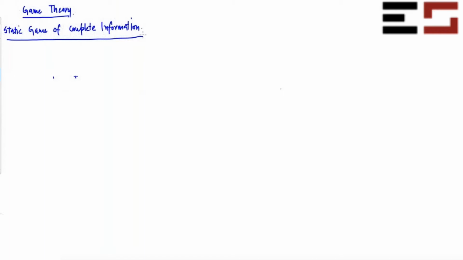As I've just told you, you can imagine a Cournot duopoly game where firms are going to simultaneously choose the quantities. That's why we are calling it a static game, because we don't have a sequential structure here. We only have players moving simultaneously without knowing what the other firm is doing.